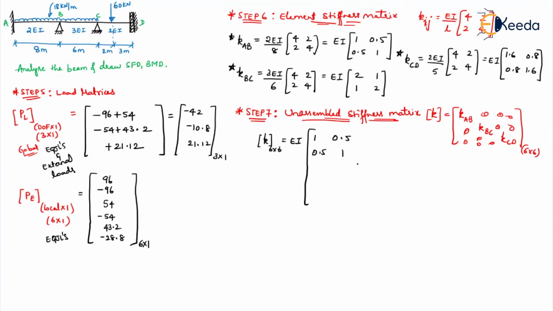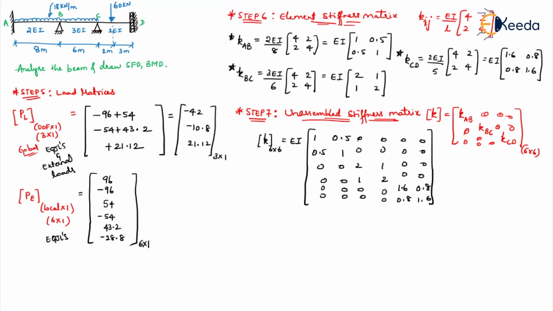Secondly 2, 1, 1, 2, and the third one is 1.6, 0.8, 0.8 and 1.6. All other values will be 0. So start from here 0, 0, 0, 0, 0. So this is your unassembled stiffness matrix of order 6 into 6.